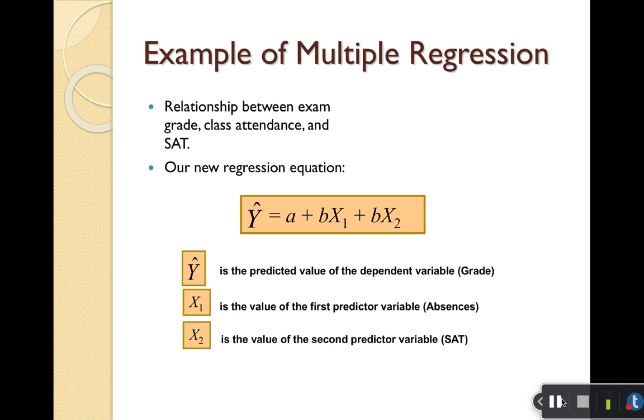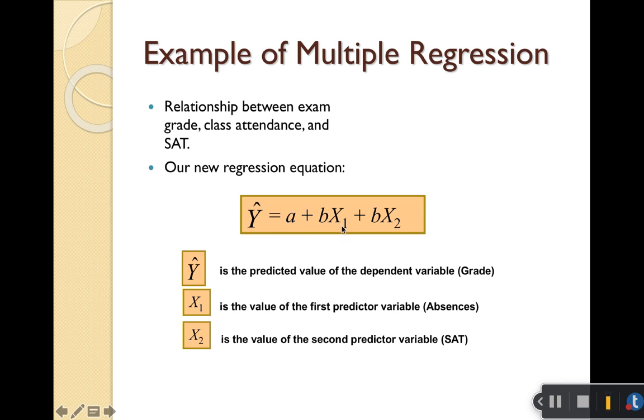So continuing on with this example, let's say that I think that exam grade is affected by class attendance, but also by SAT, which we'll say is kind of a proxy for students' general intelligence. So we could add the second independent variable or predictor and get a new regression equation. The only thing that has changed, the y hat or predicted score on exam grade, is the same.